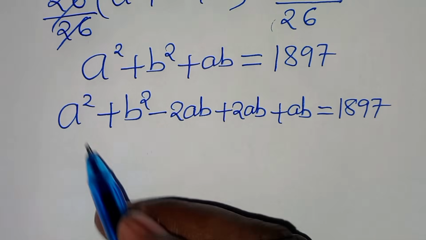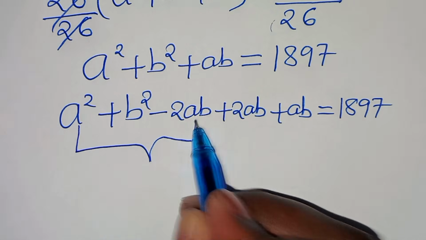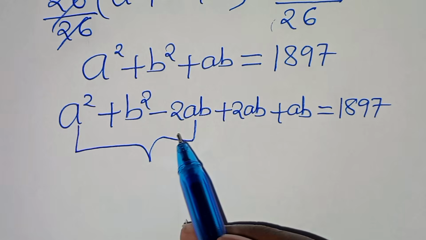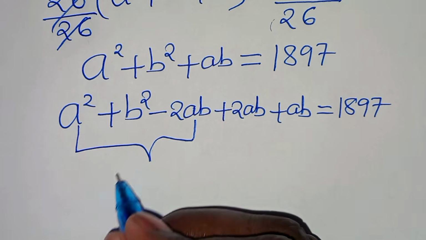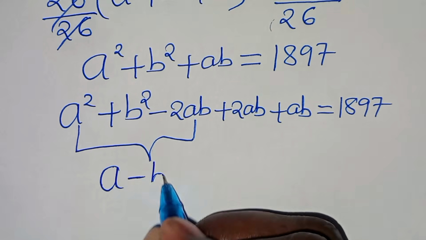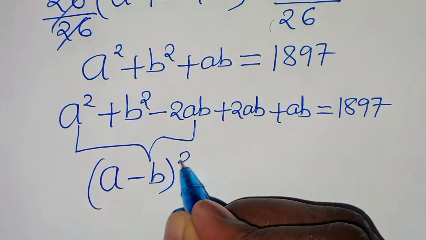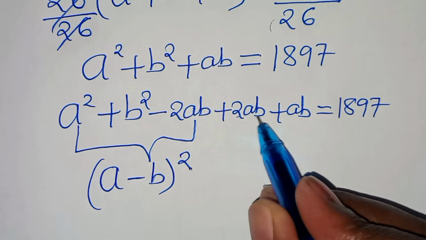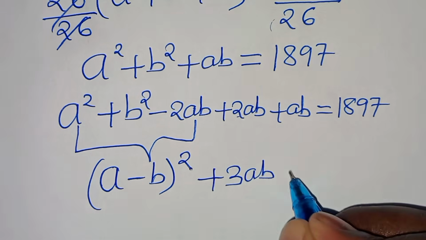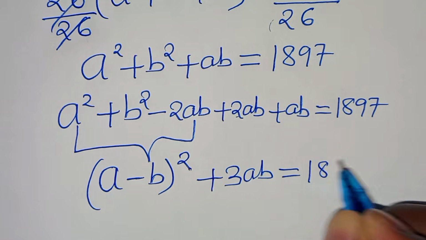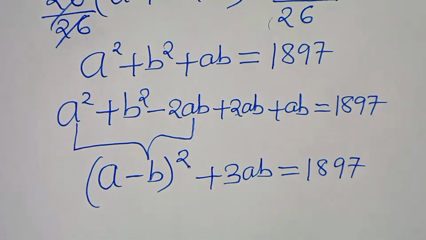Now this particular part is an algebraic identity that we can express as a minus b raised to the power of 2. Then we have 2ab plus ab, this is 3ab, and this is equal to 1897.